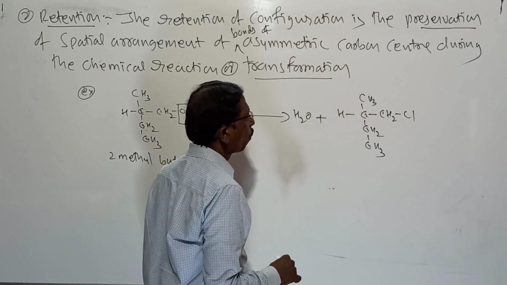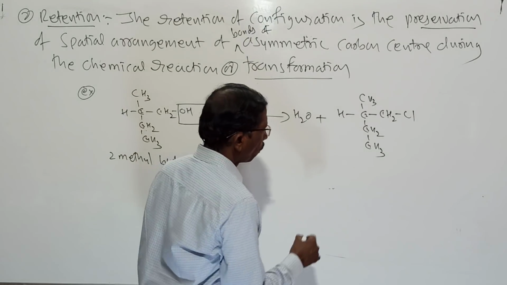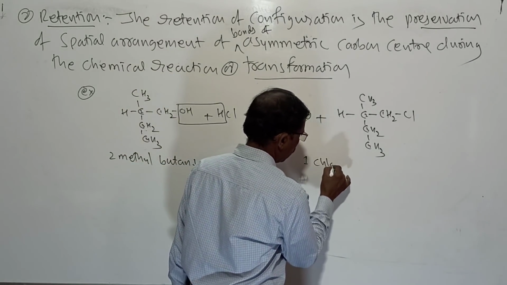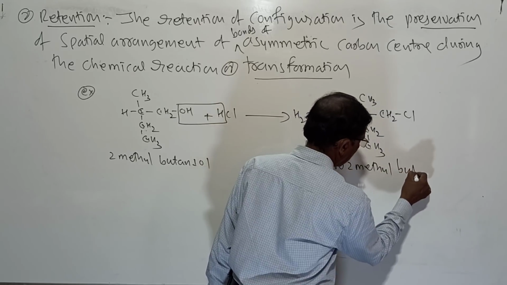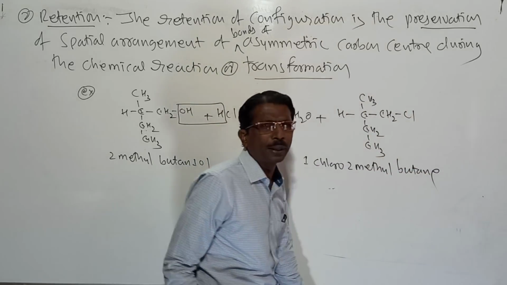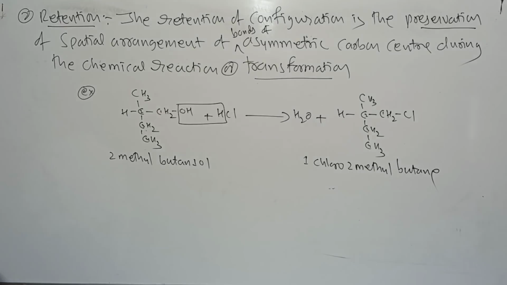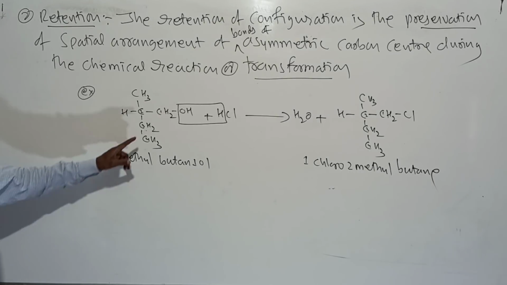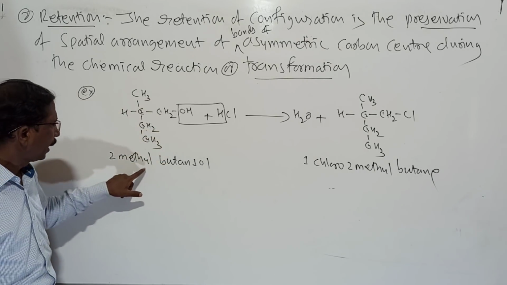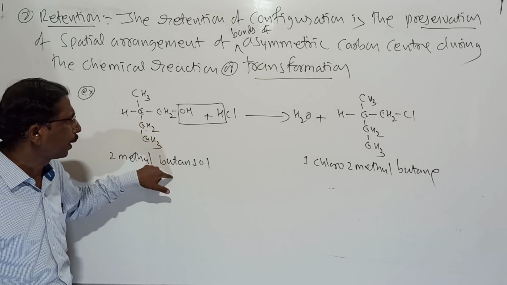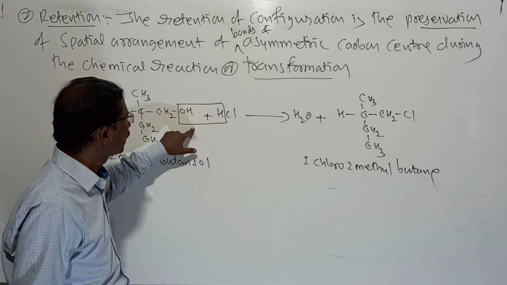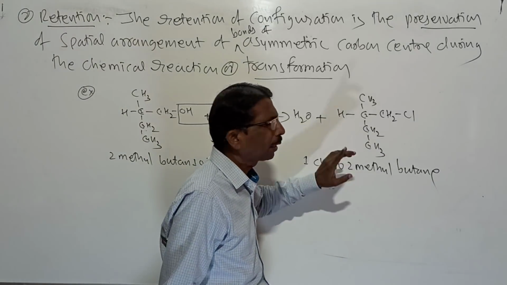So it is 1-chloro-2-methylbutane. Look at the structure. When 2-methylbutan-1-ol is treated with HCl, water is removed and this is formed.